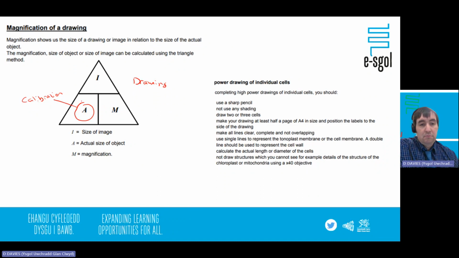You can work out the actual size by dividing the image size by the magnification. You can work out the magnification by dividing the image size over the actual size. And you can work out the image size by multiplying the actual size by the magnification.